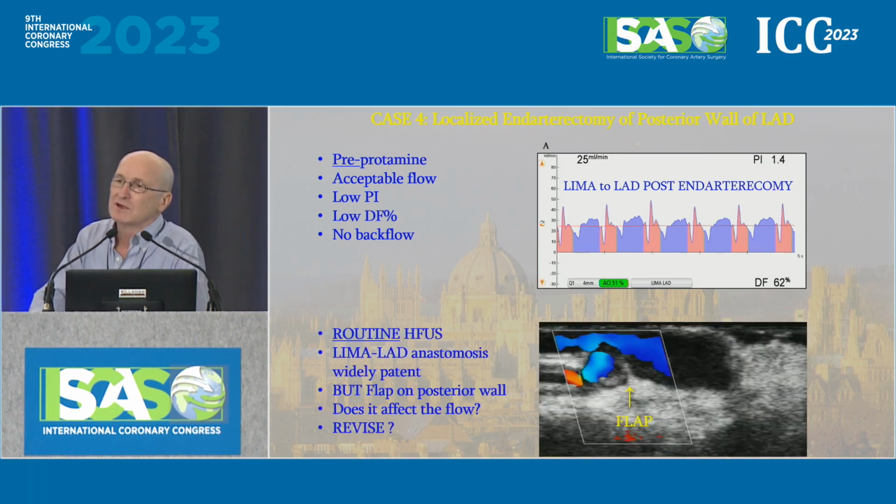When we do ultrasound assessment of that anastomosis, what I see is there's a widely patent LIMA to LAD anastomosis, but there's a flap on the posterior wall. And the question to myself at the time, is this functionally important? Do I need to revise this graft? So let me ask again the audience, who would now revise the graft?